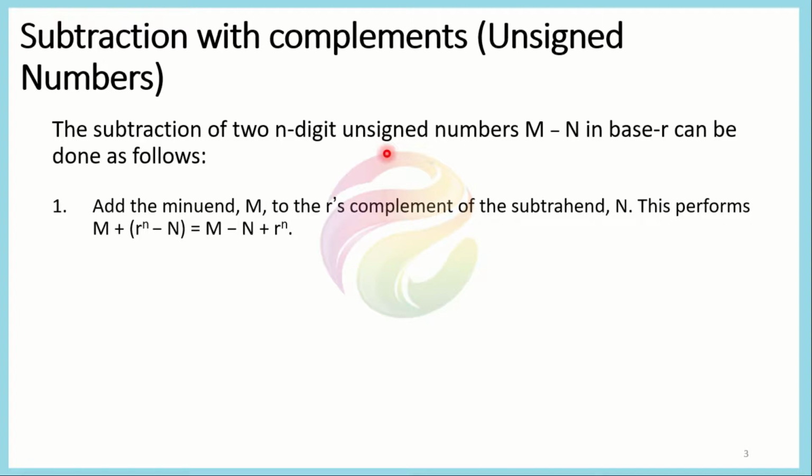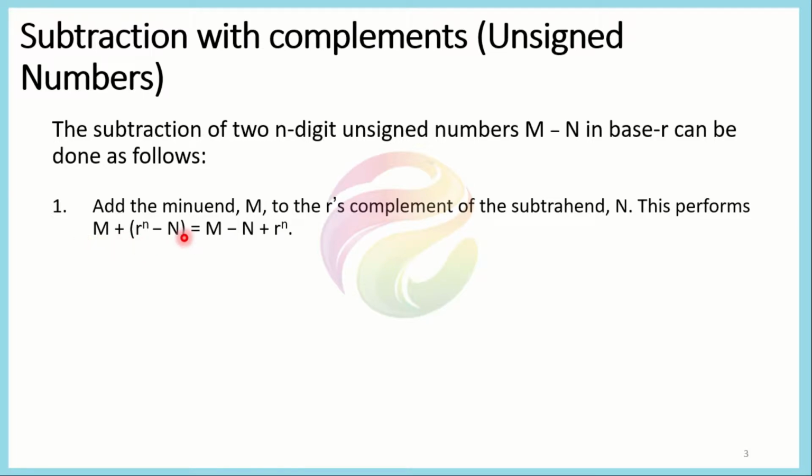Because we have discussed the complements, and we discussed that complements are another way to simplify the subtraction process, instead of subtracting the number, we will be taking the complement of the subtrahend and adding it to the minuend. So for subtracting m minus n, we will actually be performing this operation.